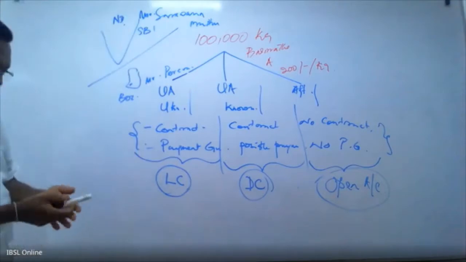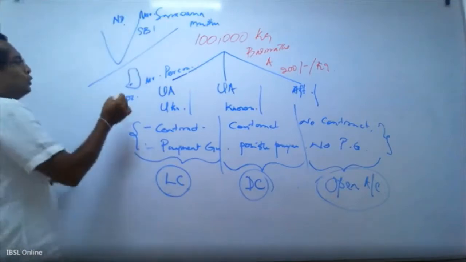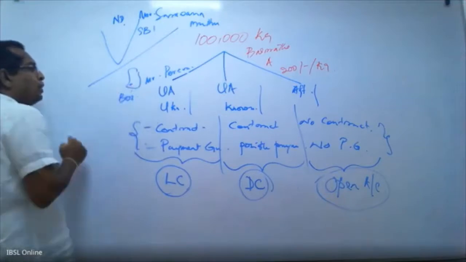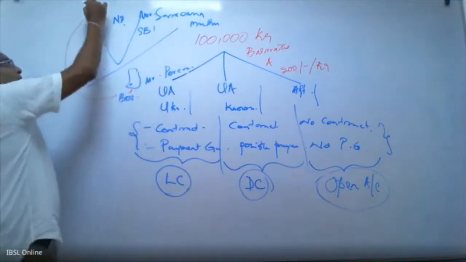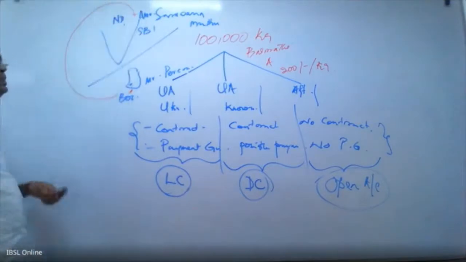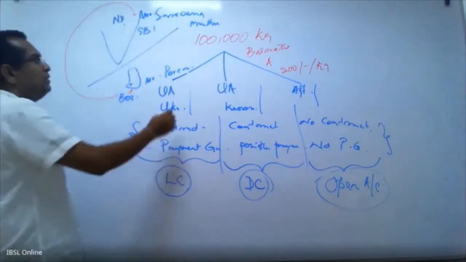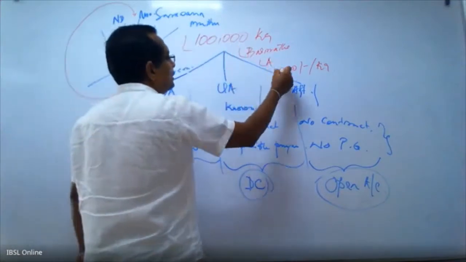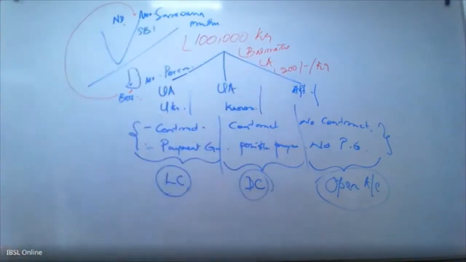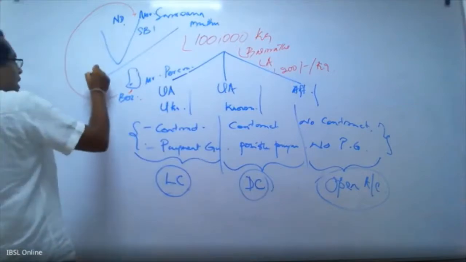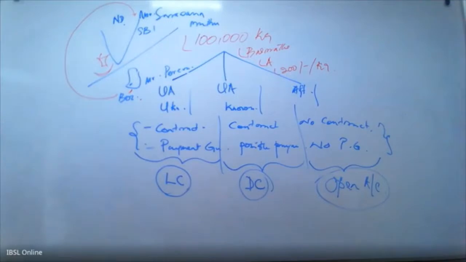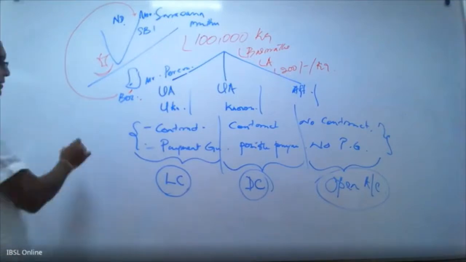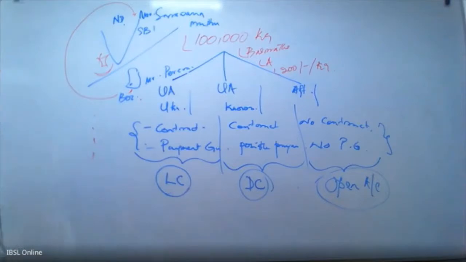So what he does, through Bank of Ceylon, his bank, he gives a promise to Saravanamuthu saying that you send these goods to Mr. Pereira in Sri Lanka, right? And submit these documents. The bank undertakes to pay.